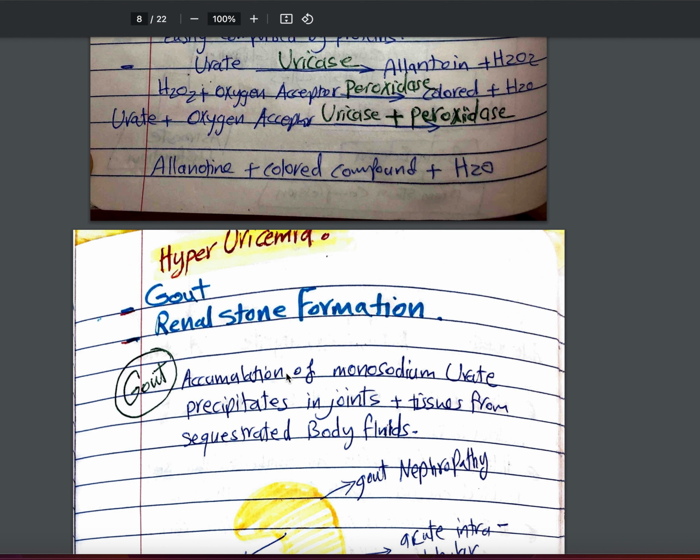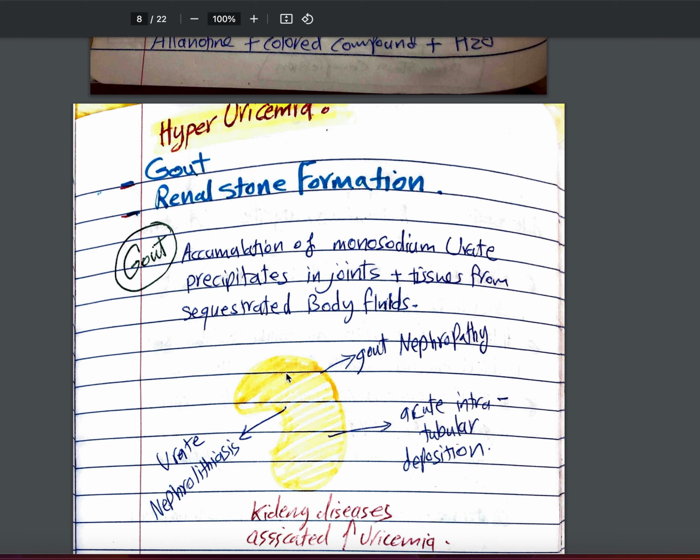So gout is due to the accumulation of monosodium urate, which precipitates in the joint tissues from sequestrated body fluid.